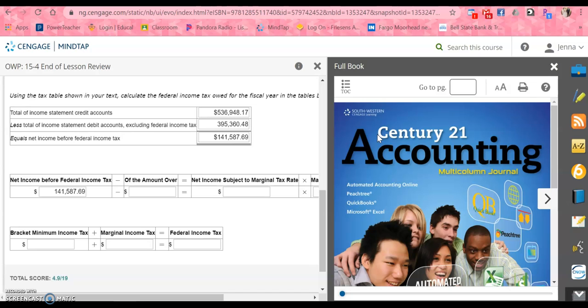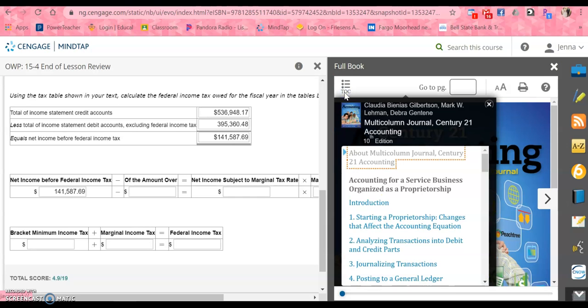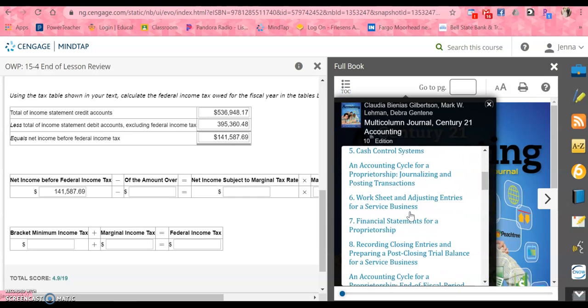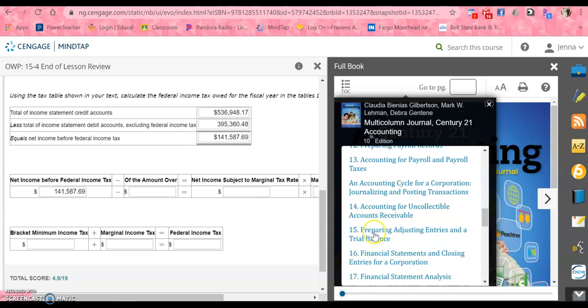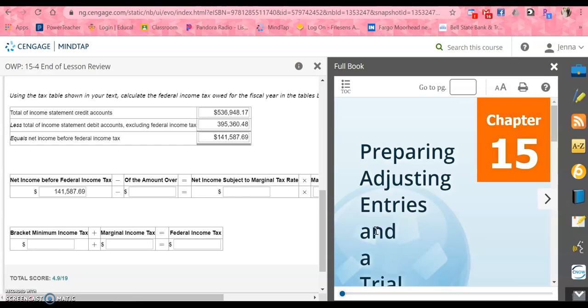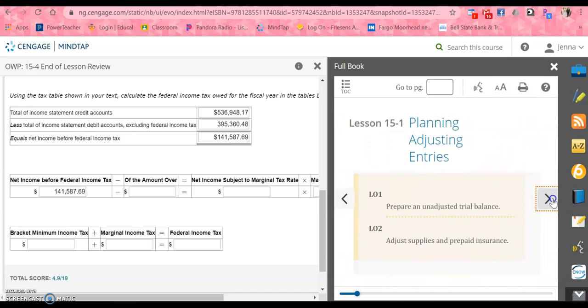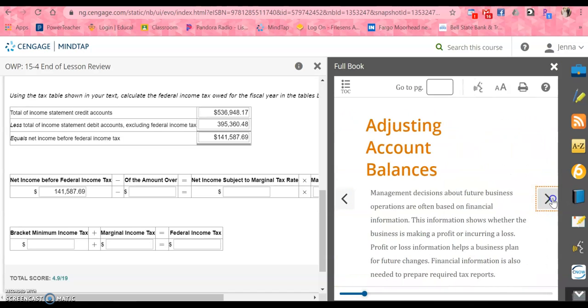I don't know what page I'm looking at, so I'm going to click on this here, which this TOC stands for my table of contents. Okay, and I'm going to scroll through. We're in chapter 15, so I'm going to go ahead and find 15. I'll click on 15 here, and now it brings me to chapter 15. That's just going to make it a little easier to go to.